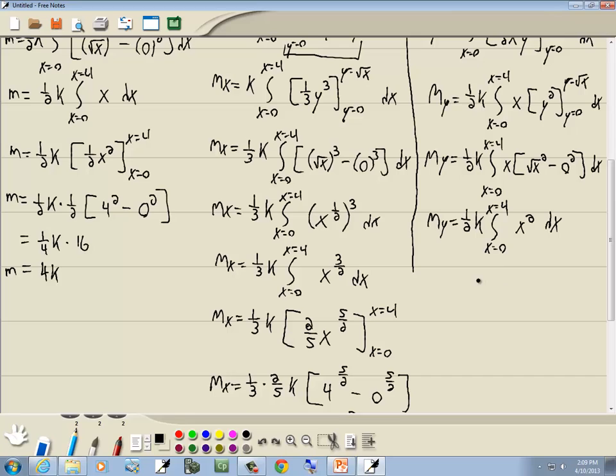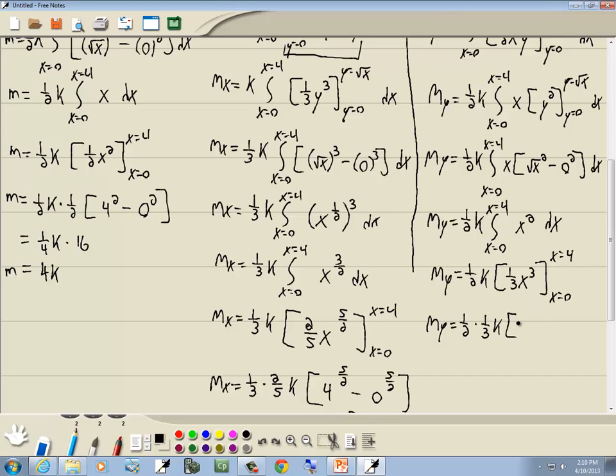Okay, so now I'm ready to take the integral of x squared, which gives us 1/3 x to the third. Add 1 to your power, divide by your new power. x equals 0 to x equals 4. 1/3 I can put out in front, so I'm going to have 1/2 times 1/3 k. And now plug in these values.